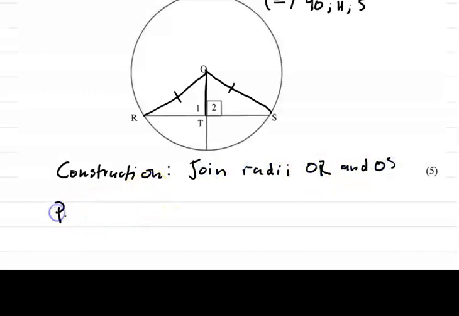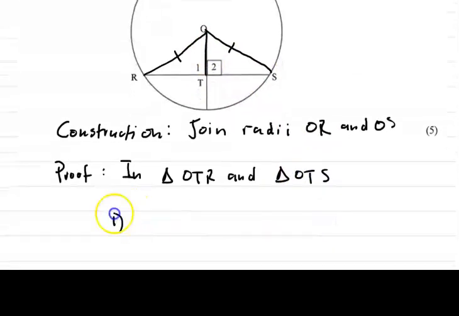Our proof would be as follows. Remember that we're going to show congruent triangles. So let's say in triangle OTR and triangle OTS.